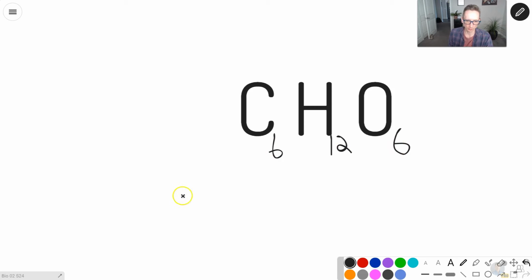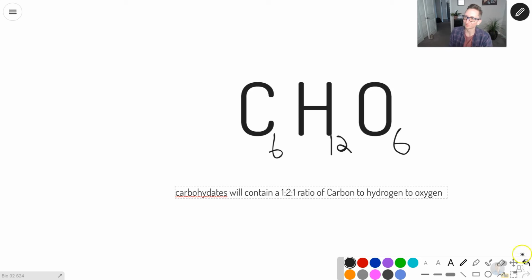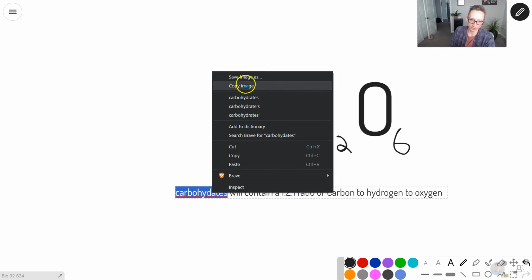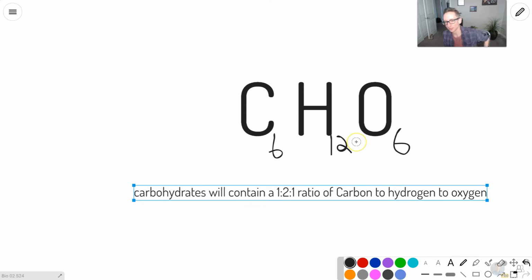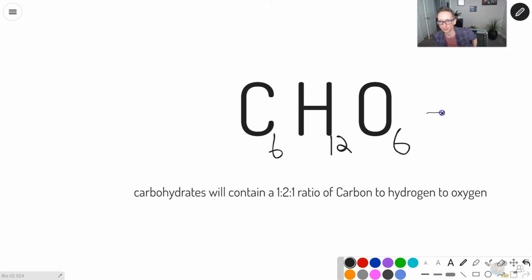So carbohydrates will contain a 1:2:1 ratio of carbon to hydrogen to oxygen. Pretty nifty. Carbohydrates, 1:2:1. So anytime you see this, C6H12O6, you can know that this is talking about the sugar glucose. And this will come up multiple times throughout the semester.